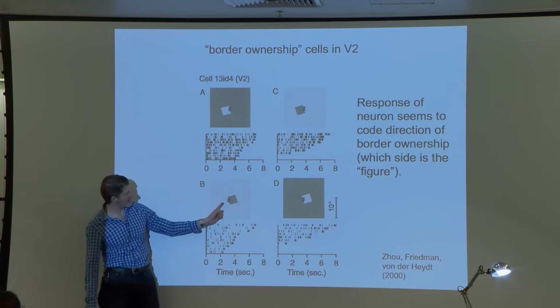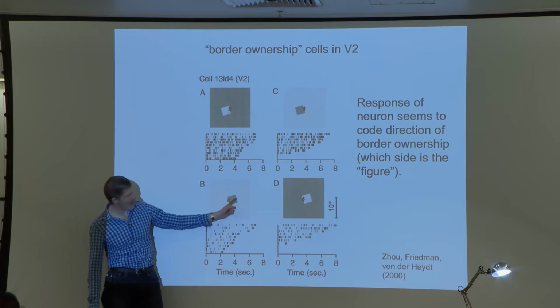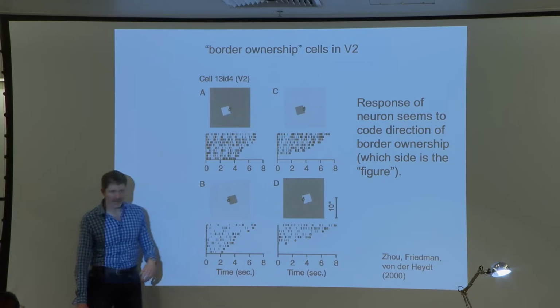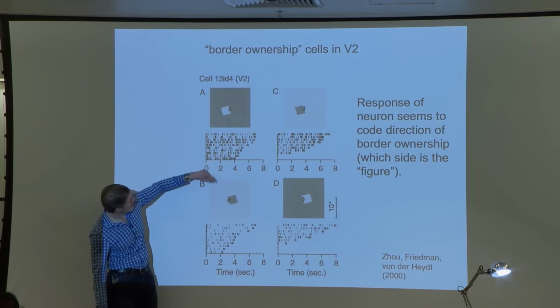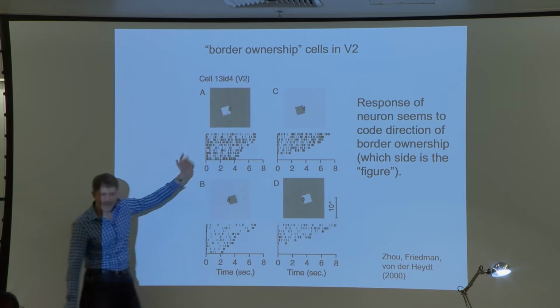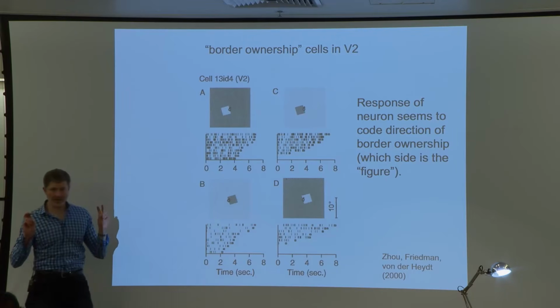On the left side we have light, and on the right side we have dark. But now the square is on the opposite side. So the idea with these two displays is that at this particular point on the contour, in this case the left side owns the contour, and in this case the right side owns the contour. The local stimulus is the same.